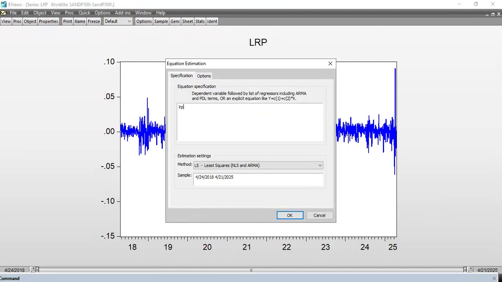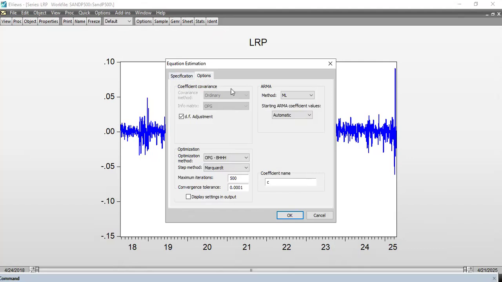Log returns of price, AR1, AR2, AR3, AR4, MA1, MA2, MA3, and MA4.